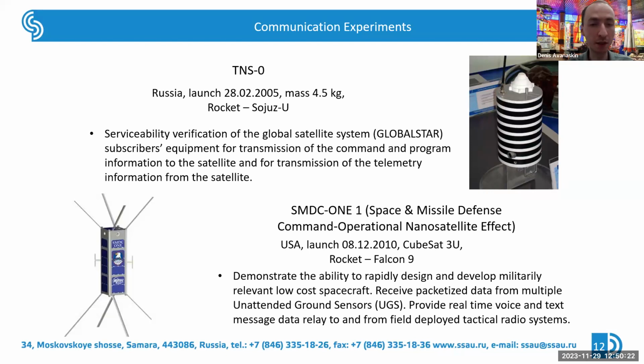Global Star are not nanosatellites, they are large communication satellites, so they provide satellite communication from the ground. And the next example is SMDC-11. This satellite of USA was basically a military satellite for communication for military purposes.